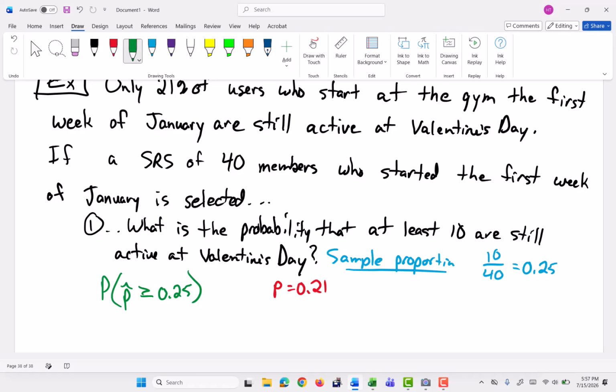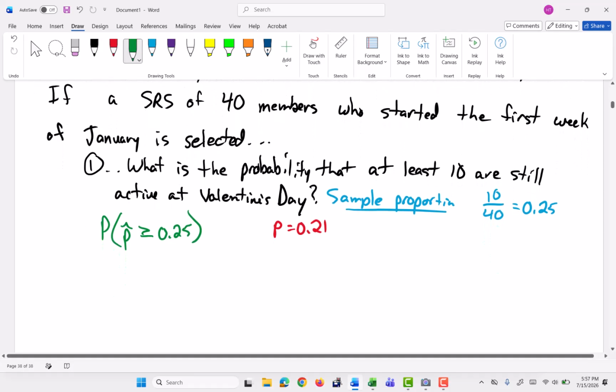So greater than, we're still looking now at a complement, because remember, Excel's normal function does less than.